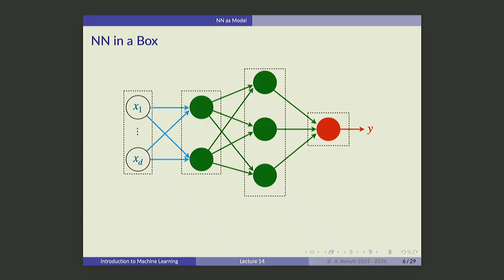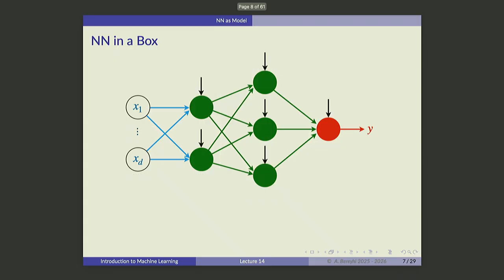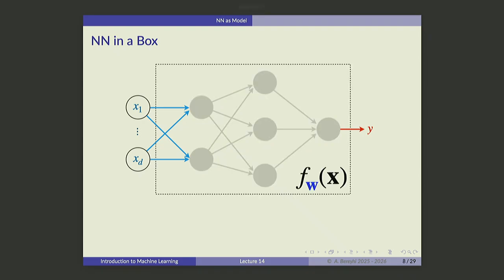And out of those features you do the last layer, which is basically either a linear regression or linear classification, and out of that you get what you want. Now these neurons could obviously also have a bunch of biases, but that's not really important. The important thing for us is how we can think about it as a box, and I can just put everything inside this neural network into a box. And this box is describing a function which is connecting the d-dimensional input that I have to the output, right?